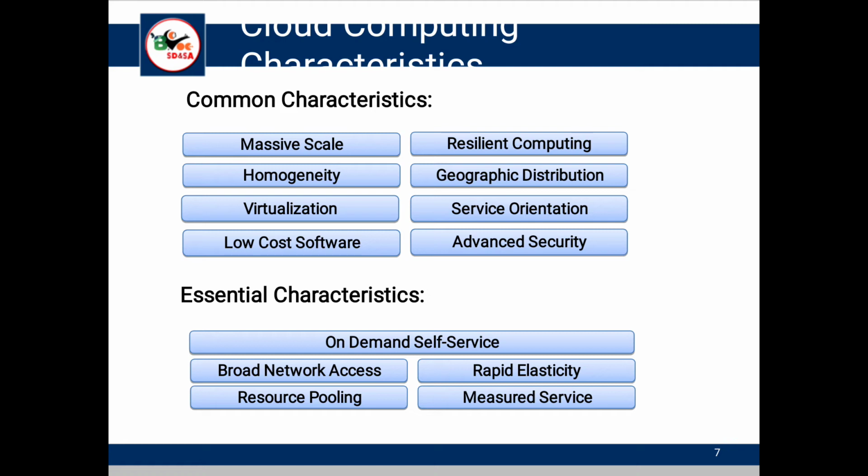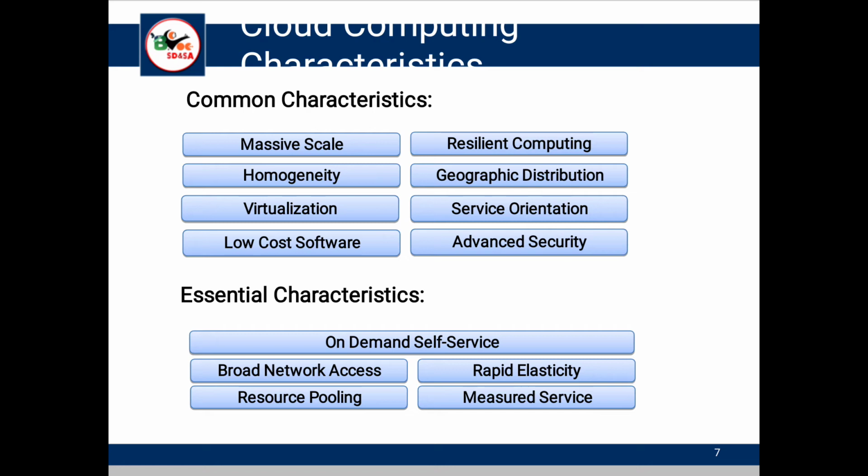Next one, on-demand self-service. A customer can unilaterally provision computing capabilities such as server time and network storage as needed, automatically, without requiring human interaction with each service provider. Next one, broad network access.